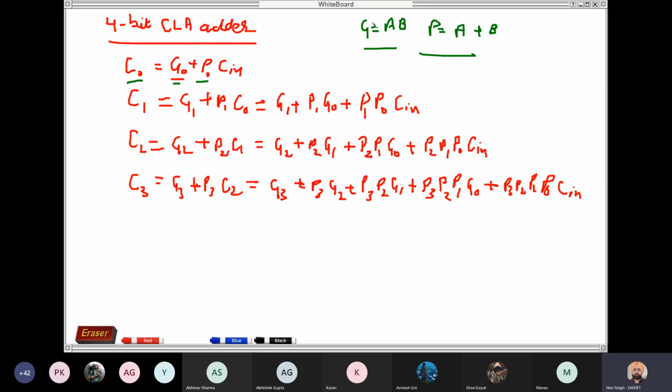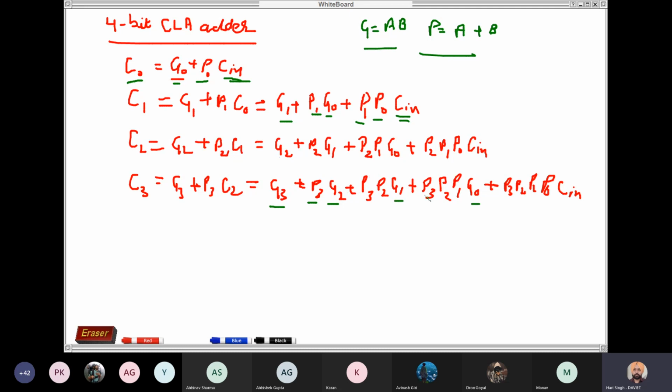So C0 is depending on A into B plus (A plus B) into Cin. Cin we generally take 0, so it is simply A into B. Then C1 is depending on G1, G0, P1, P0 and Cin, which we take 0. So C1 depends on the current value of G1 and the previous value of G0 and P0 also. Similarly, finally C3 is depending on G3, that is the current bits, P3 current bits, P2 then previous bits, then G1, the bits before that, and so on.